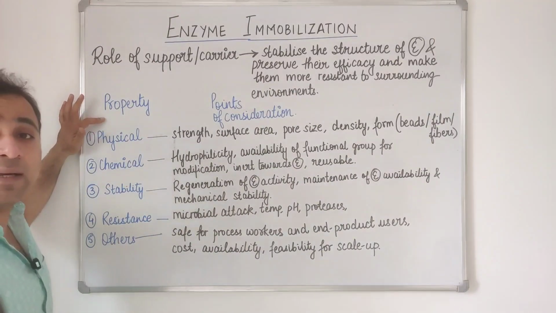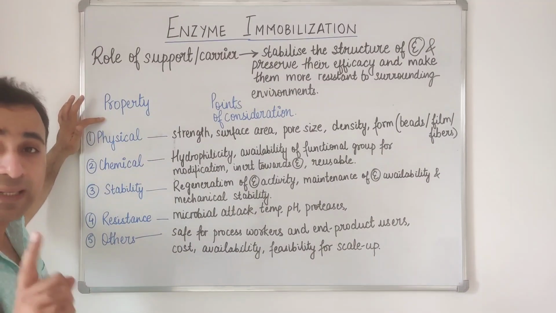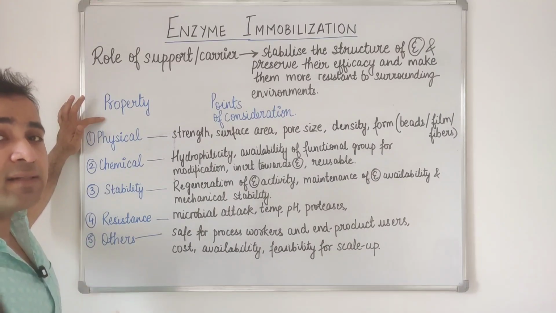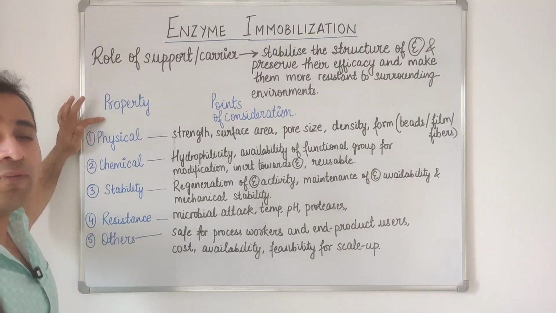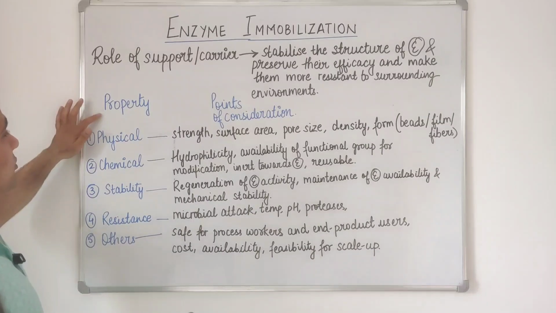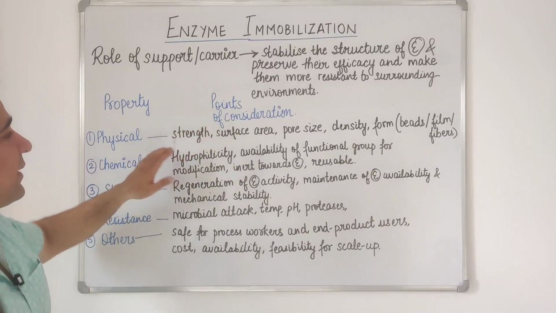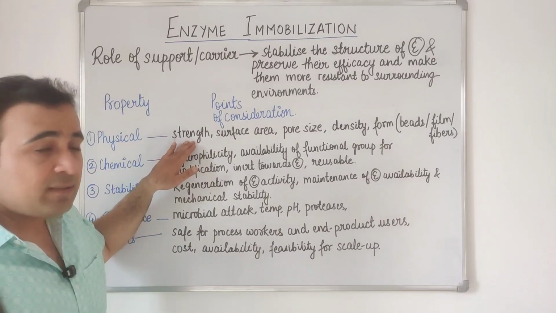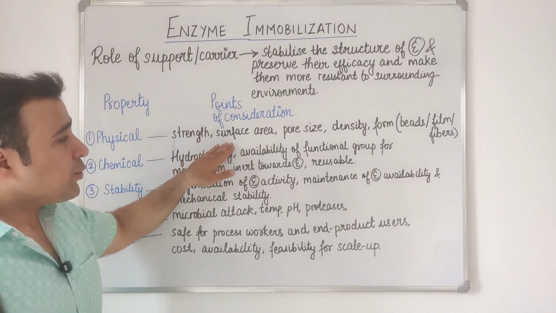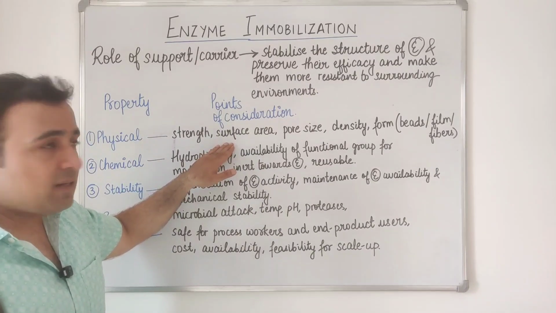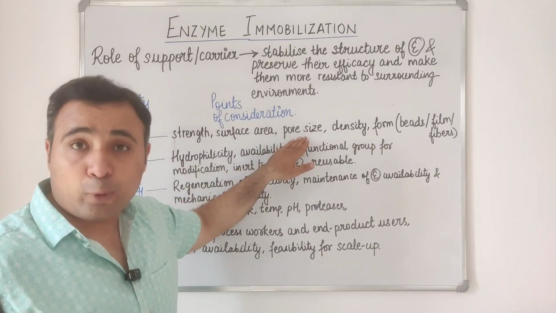Now let's discuss the properties which we should consider while selecting an ideal support for a particular type of immobilization process. The first property is the physical property, and what are the points we need to consider? It should have sufficient strength, the desired surface area, and a good pore size.